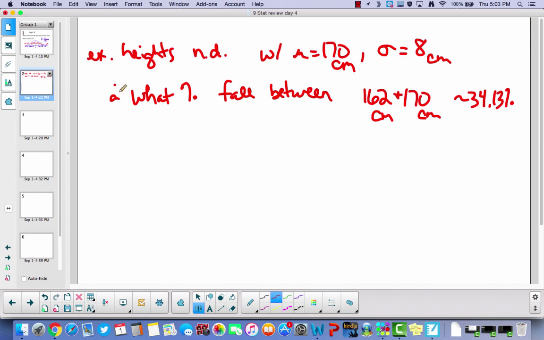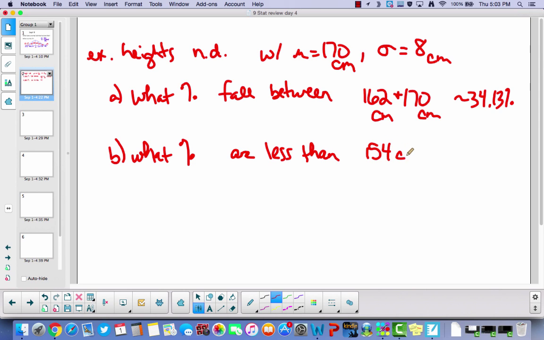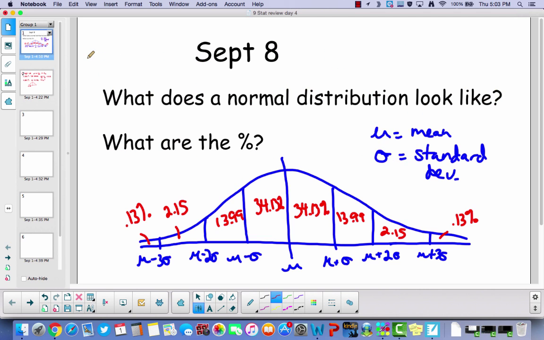What percent are less than 154 centimeters? Well, again, think about drawing your picture. Here's my 170. 154 is down here, but that's 2 standard deviations away. So that's my mean minus 2 standard deviations. Going back to this picture, it would be this percent plus this percent.